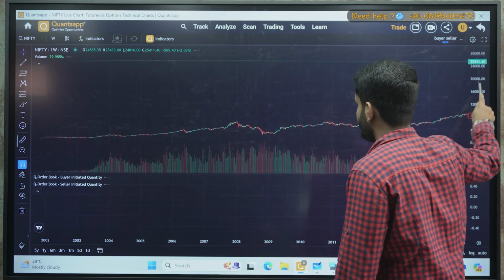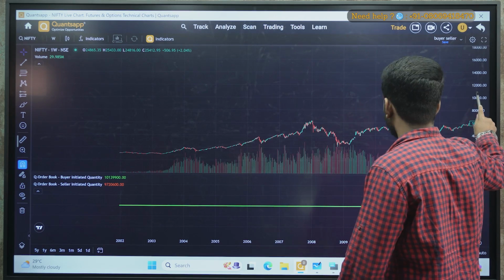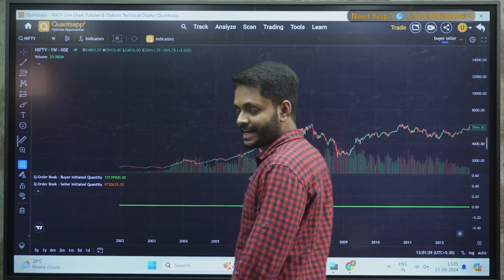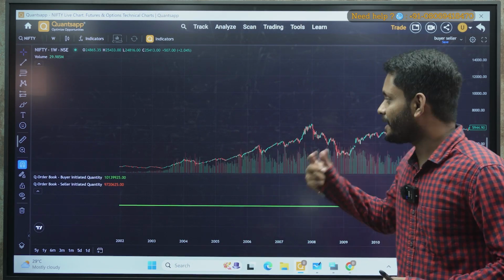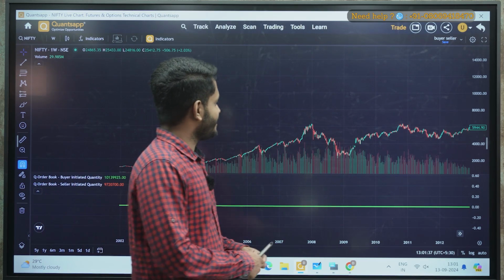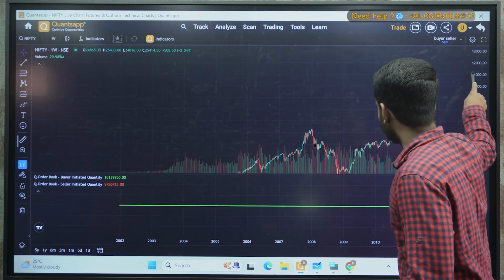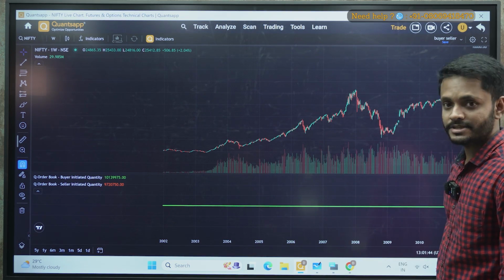Okay, 2008 crash. So yes, definitely when this crash happened, I was not in the market. I was going to school at that point in time. At that point in time, I didn't know what the stock market is and all. But if we go and check out historically, what I can decode here is, see, this is the 2008 period.